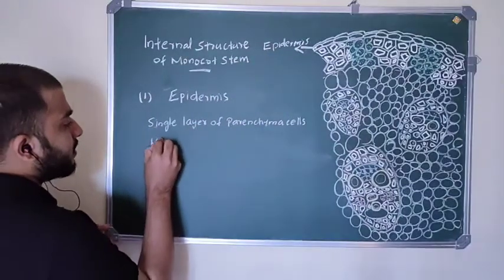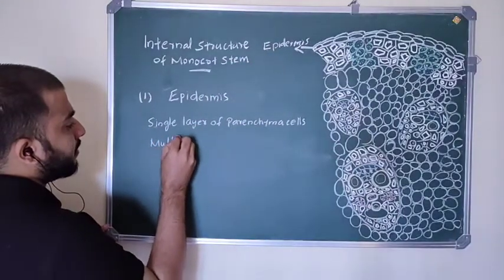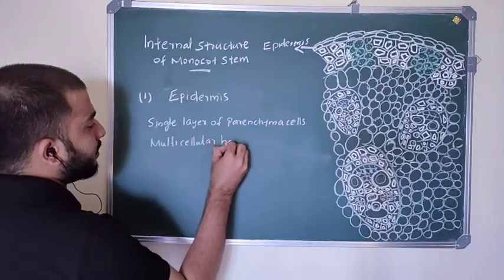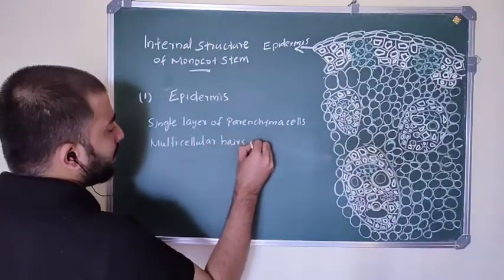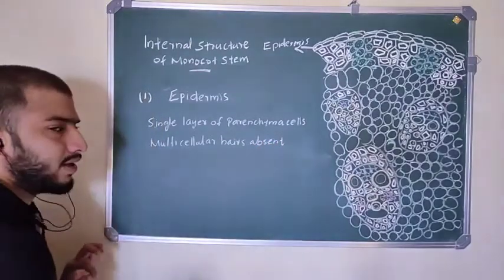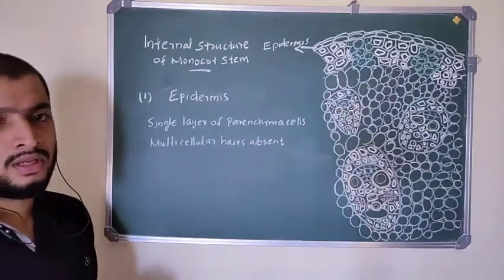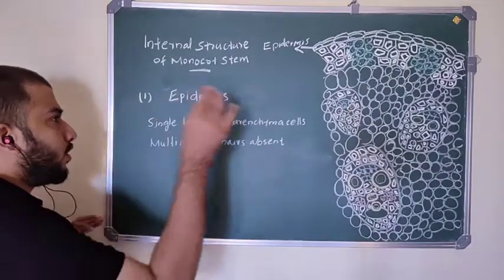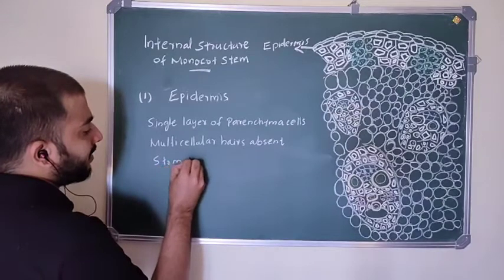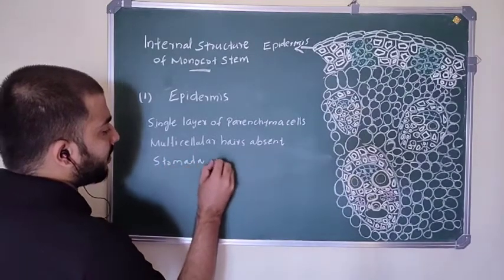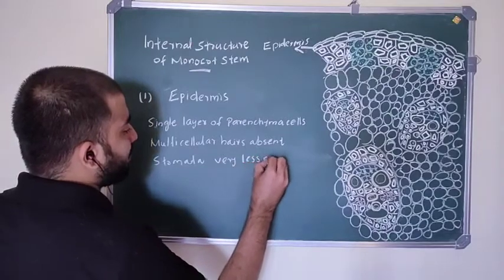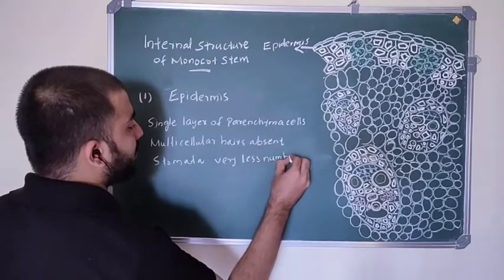So multicellular hairs are absent. Stomata are present on the epidermis, but in this monocot stem epidermis, stomata are present in very small numbers.